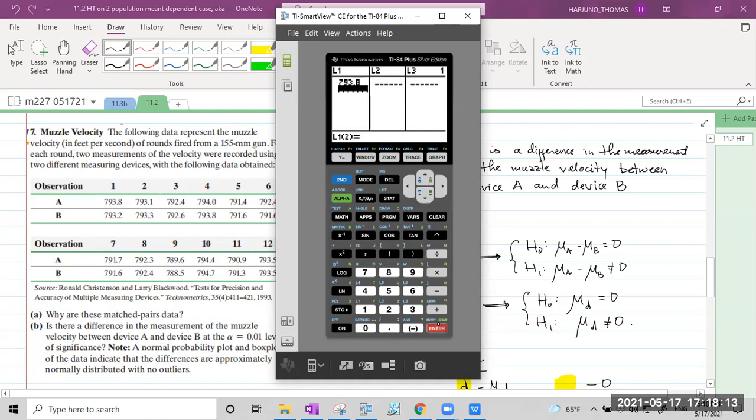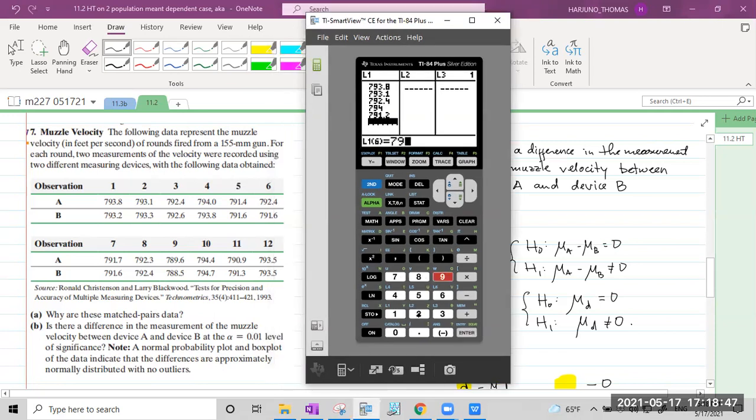793.8. The second observation from A is 793.1. The third, 792.4. The fourth, 794. The fifth, 791.2. The sixth, 792.4.